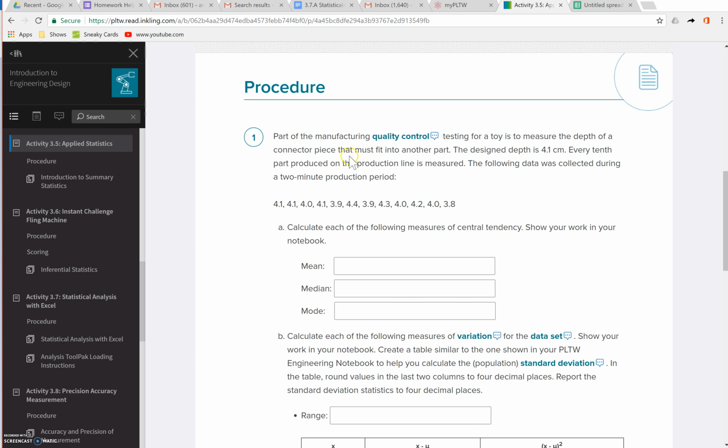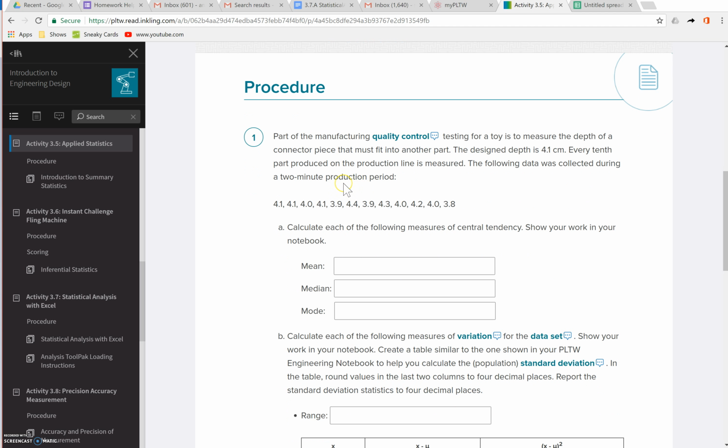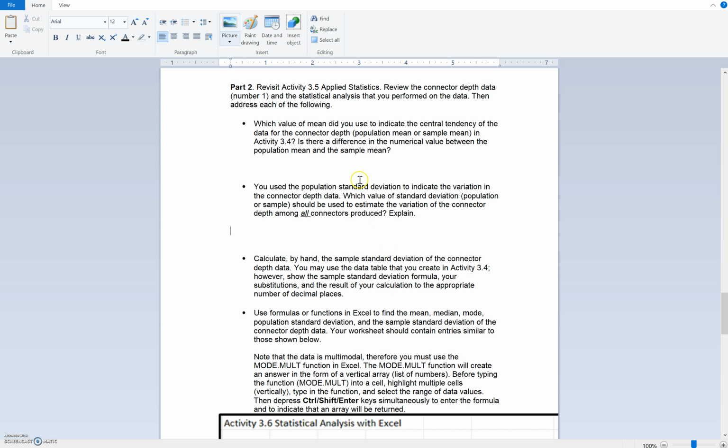Well, if we look back at 3.5, and this is not the best looking copy of it, but this is a copy of it. They use this little sigma thing, which means population mean. So back here, we were using population, and there is no numerical difference.